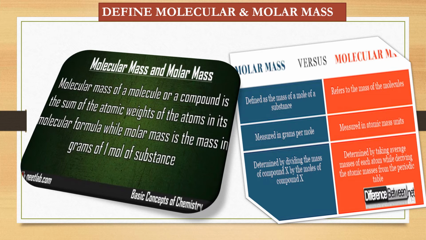Molar mass is determined by dividing the mass of compound by the moles of compound. And molecular mass is determined by taking average masses of each atom, deriving the atomic masses from the periodic table.